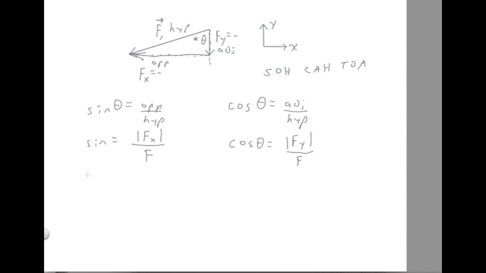All right, and then we can multiply both sides by F. Oops, I forgot to put in the theta here. So that the F's will cancel. And we do similar algebra over here.